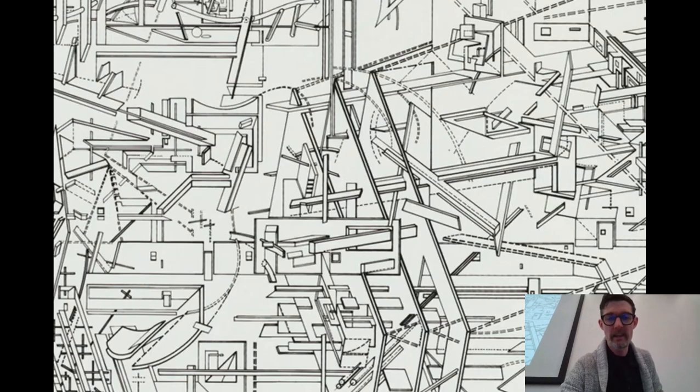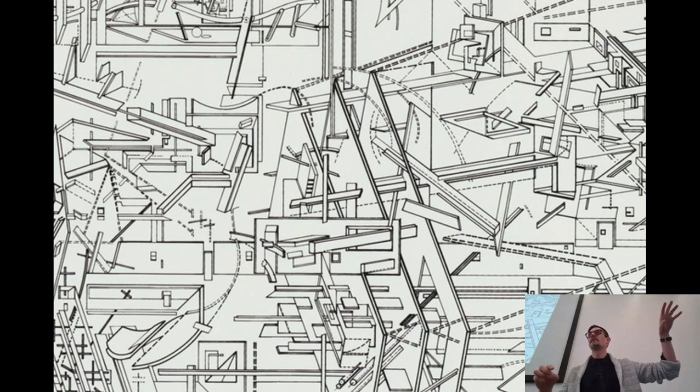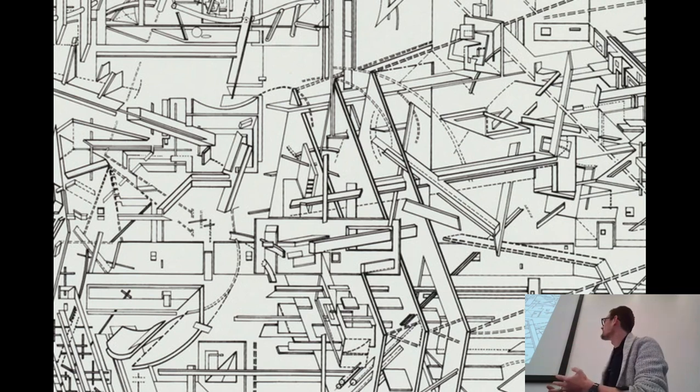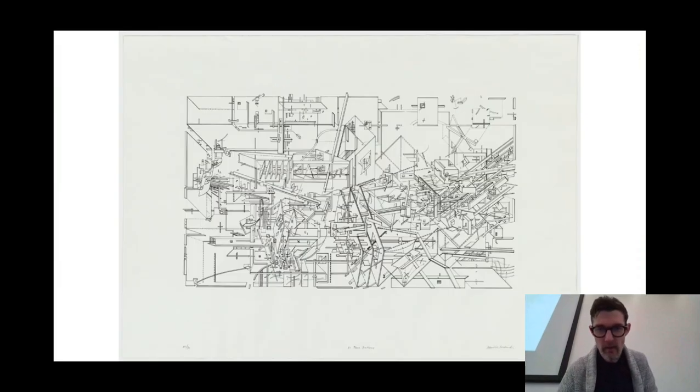And what you'll be able to see here is exactly the same architectural language that we were playing with in that drawing of the trailer, of the caravan. We've got dashed lines, we've got thin lines, we've got thick lines. This, however, is done using rulers and pens.